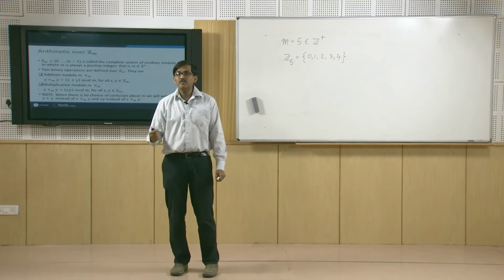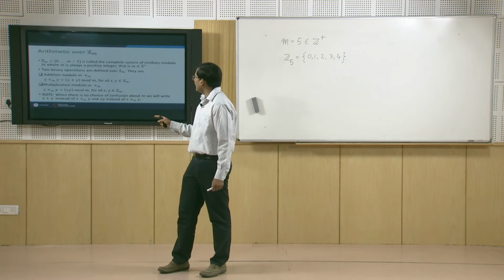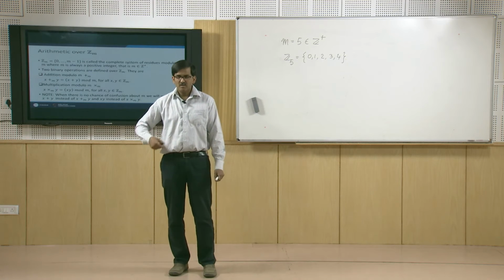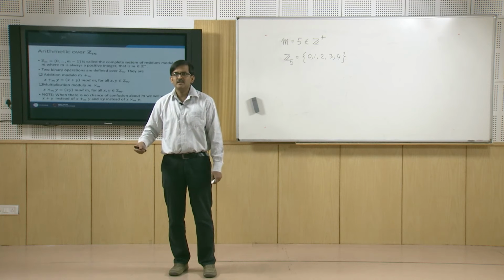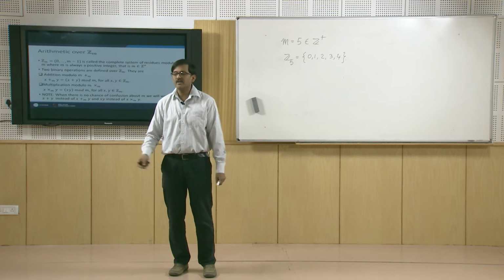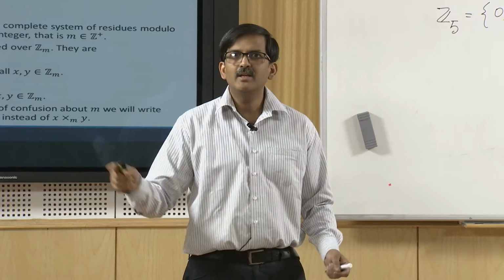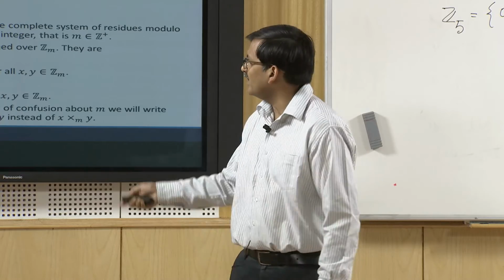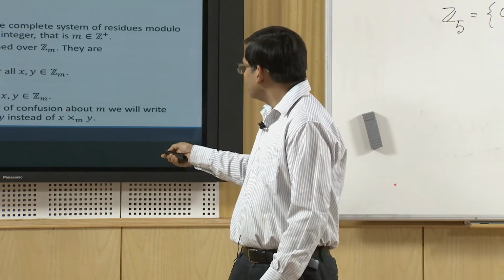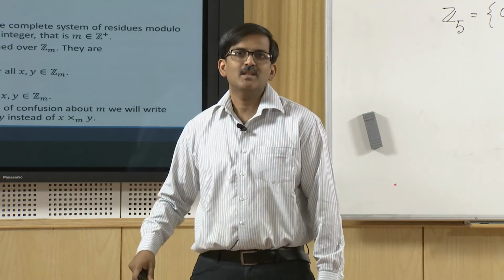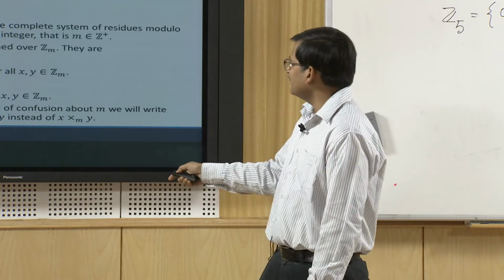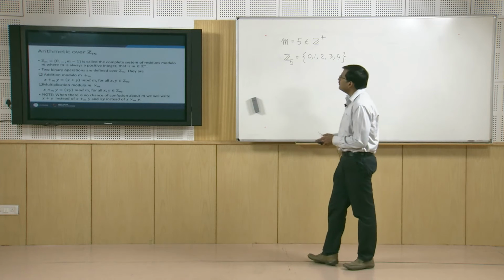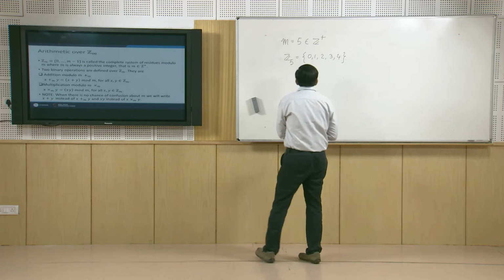And we have to note something more, that if we have no confusion about m, and when we are doing lot of calculations, then we are not going to write that subscript, we are just going to write plus instead of plus subscript m, and we will write nothing in place of multiplication modulo m, we will just write xy, that is what we are going to do. So, as an example, let us look at this.